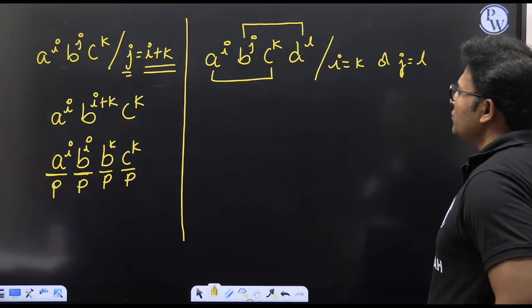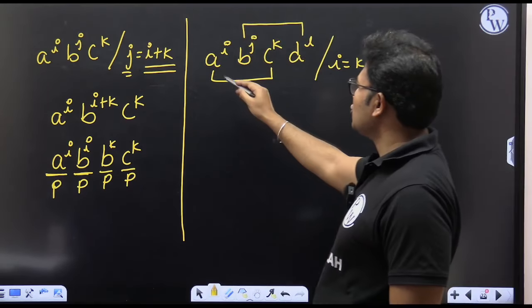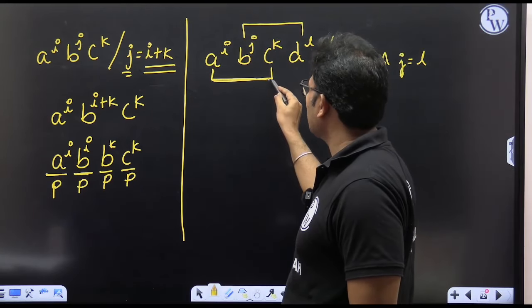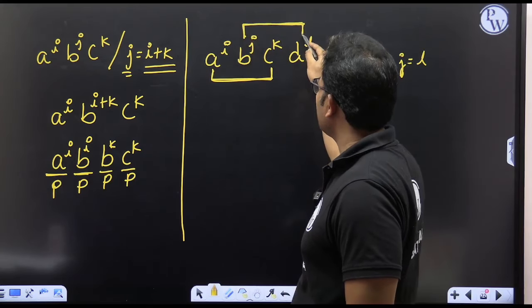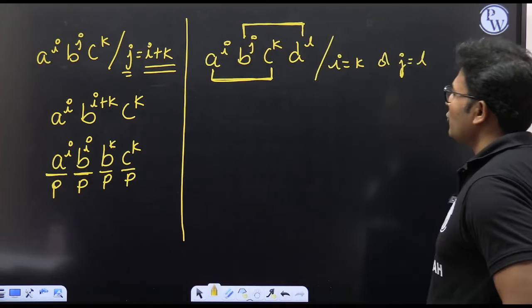Either a^i and c^k have to be equal, or b^j and d^l have to be equal.